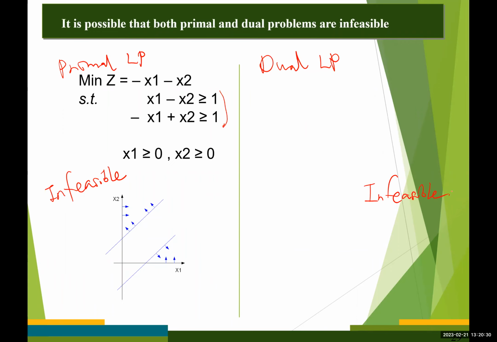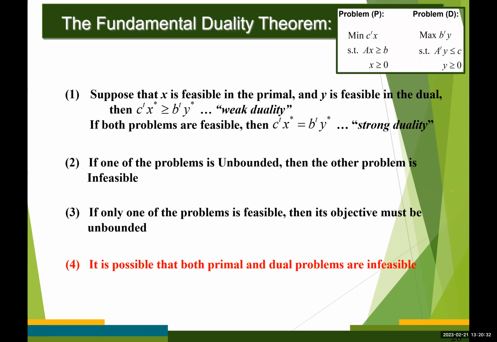So we can say that if one problem in the symmetric primal dual pair has no feasible solution, then the other problem is either infeasible or has an unbounded objective function value. Okay. That's from these two properties.